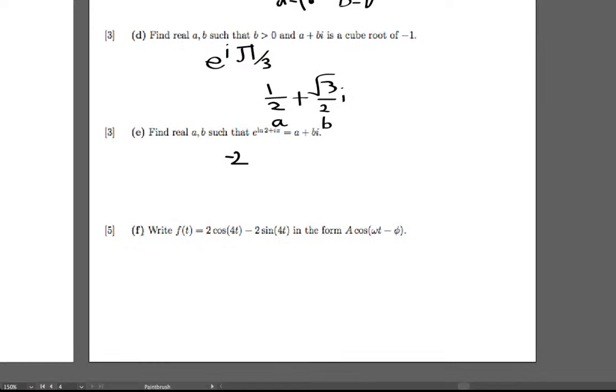Write f(t) equals 2 cosine 4t minus 2 sine 4t in the form a cosine omega t minus phi. Okay. For this one, a here is actually the length of 2 and negative 2, which would be square root of 8 cosine 4t, which we actually copy.